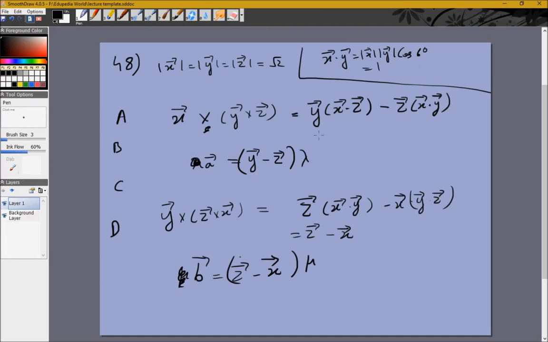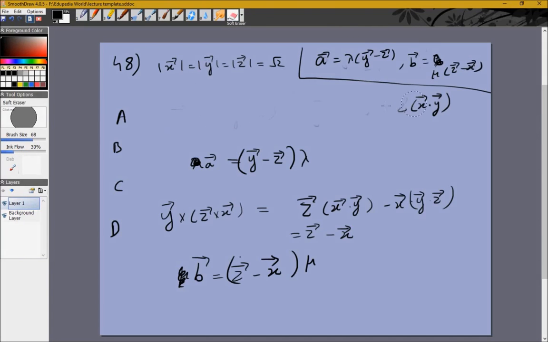We'll avoid fractions, right? So we just write these here and I'll rub the rest. A is equal to lambda times y minus z, and b is equal to another mu times z minus x. And we look at all the four options individually.